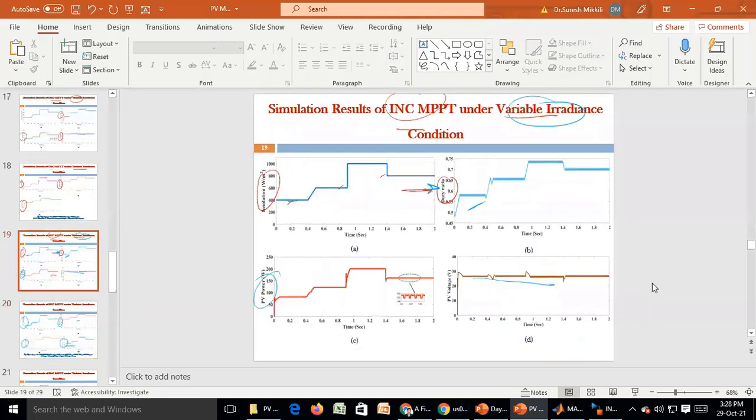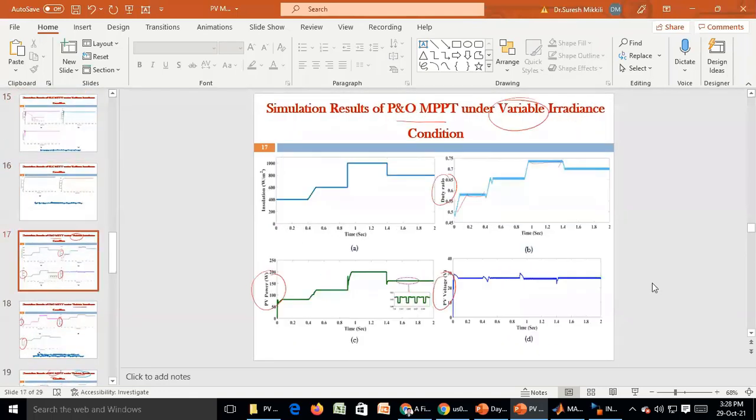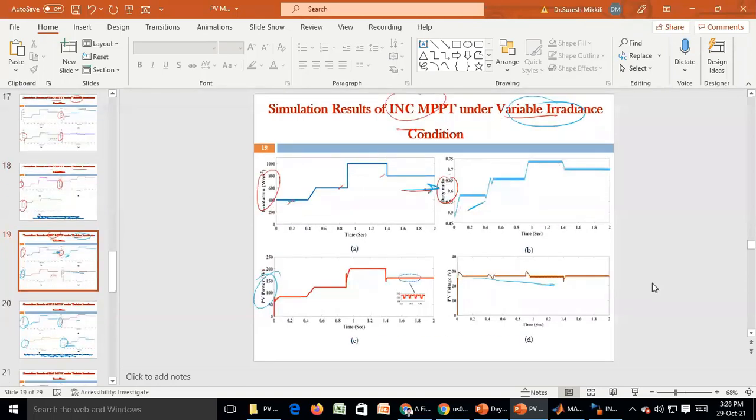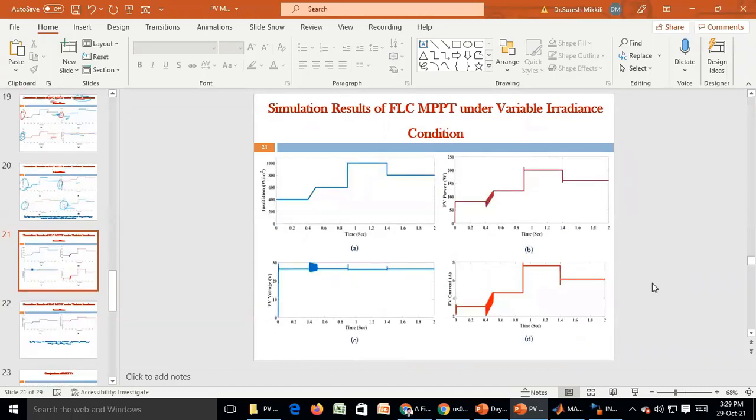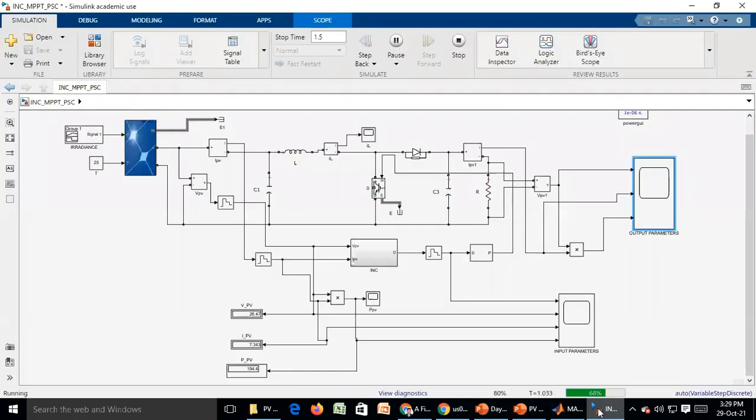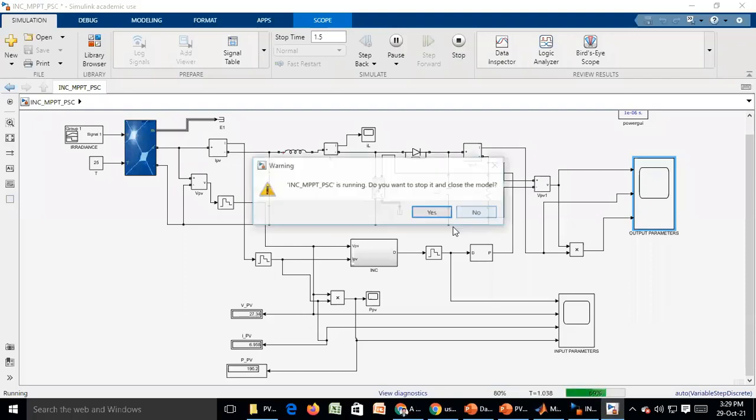Before giving fuzzy logic, I need to explain it. We have seen incremental conductance at variable irradiance levels, then with fuzzy we will see how it will track.